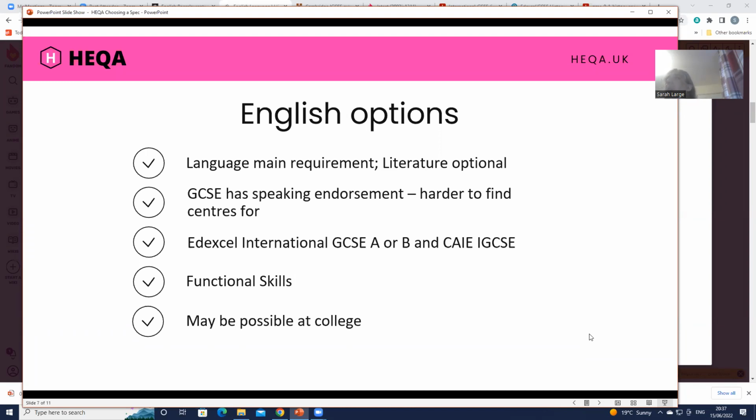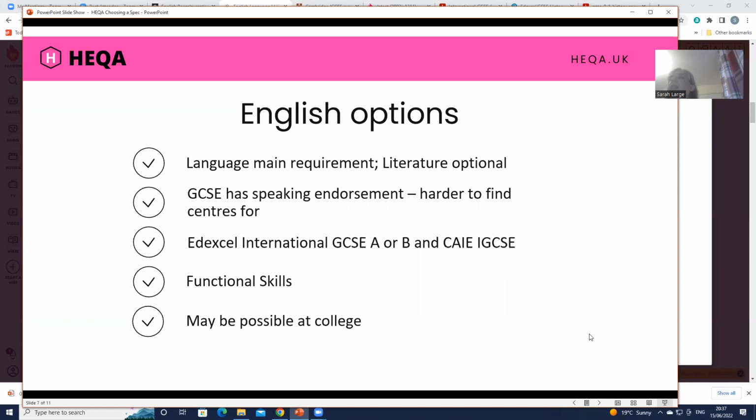For maths, you might want to carry on with some sort of maths, so it might be further maths, it might be statistics. For science, they might ask you for some proof that you've got recent experience of studying the subject. But for others, having the subject might not be a requirement of getting onto the A level in the first place, so it doesn't really matter.